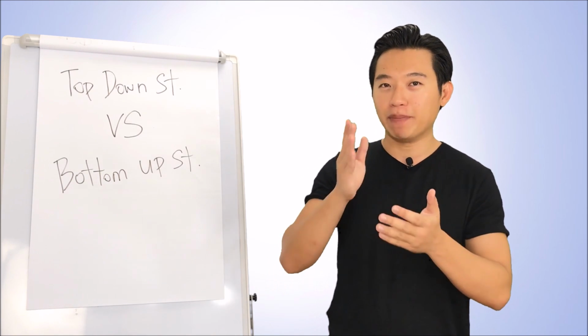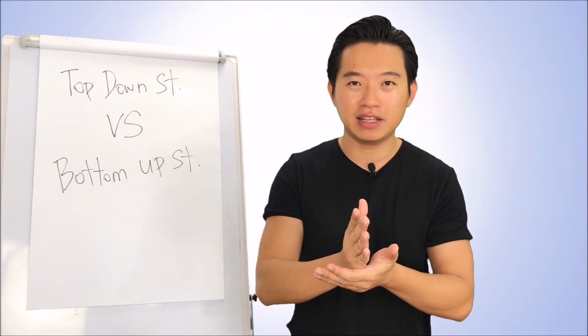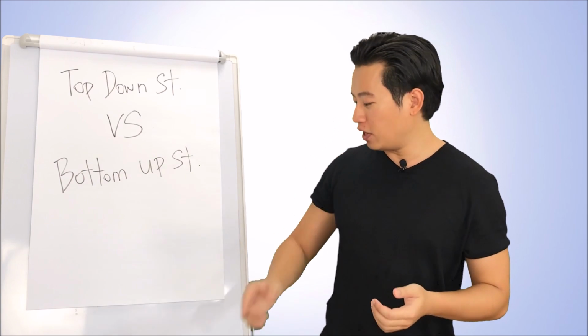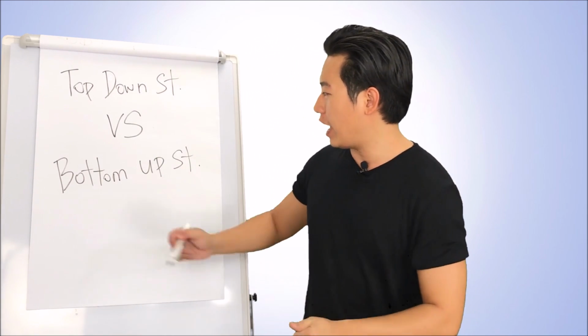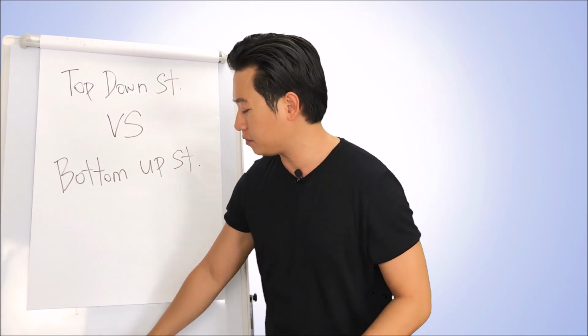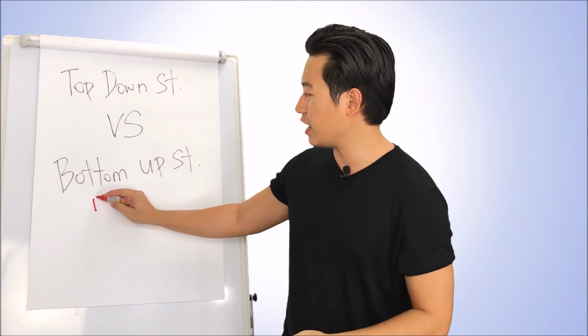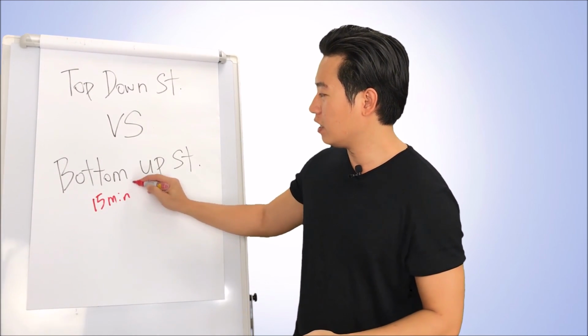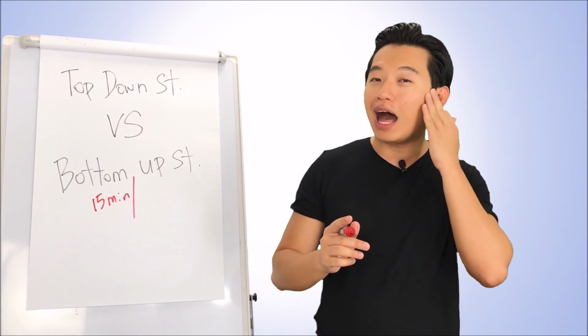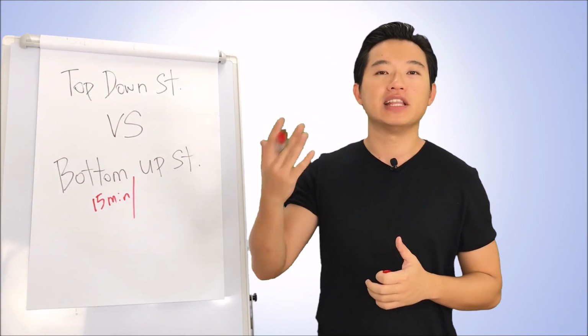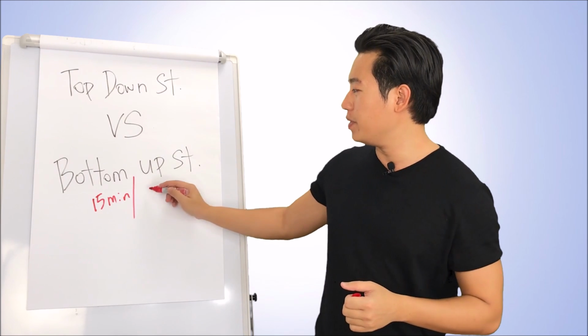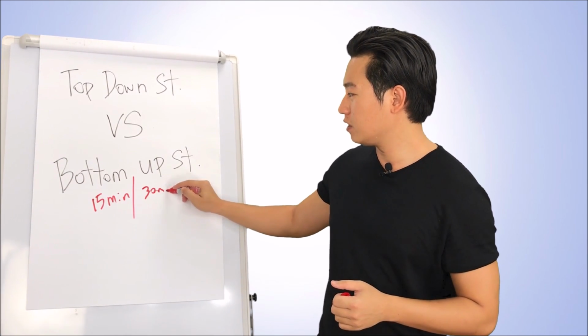So for example, you spotted a trade setup on the 15 minute and then you look up. You should look up one level first, the next level, which will be the 30 minute.